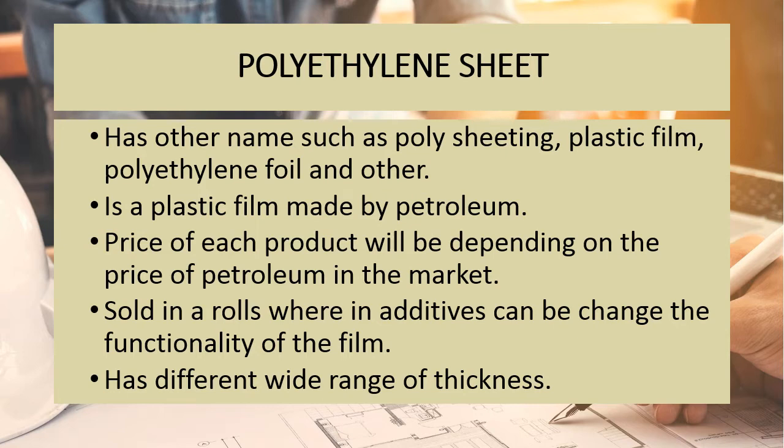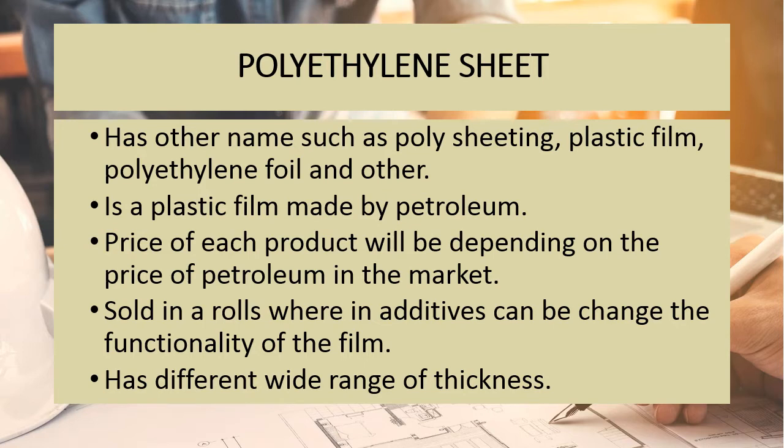polyethylene sheet, it also has other names such as polysheeting, plastic film, polyethylene foil, and others. Polyethylene sheet is a plastic film made from petroleum. Because the material used to make this sheet is from petroleum, the price of each product depends on the price of petroleum in the market.